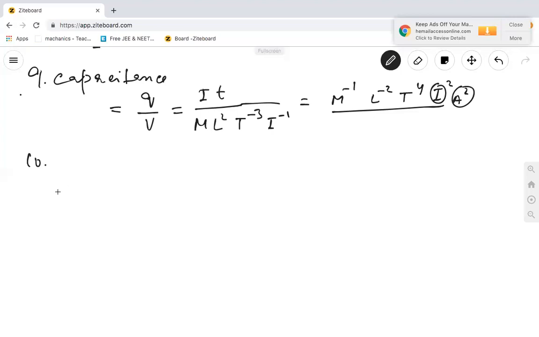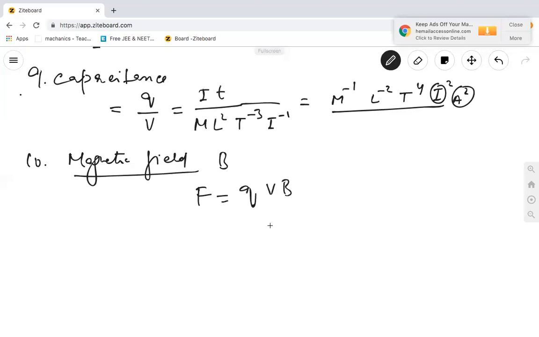Okay, 10th is magnetic field. Which equation will derive the dimensional formula? You know F is equal to QVB. Okay. Now what about B? B is F by QV.